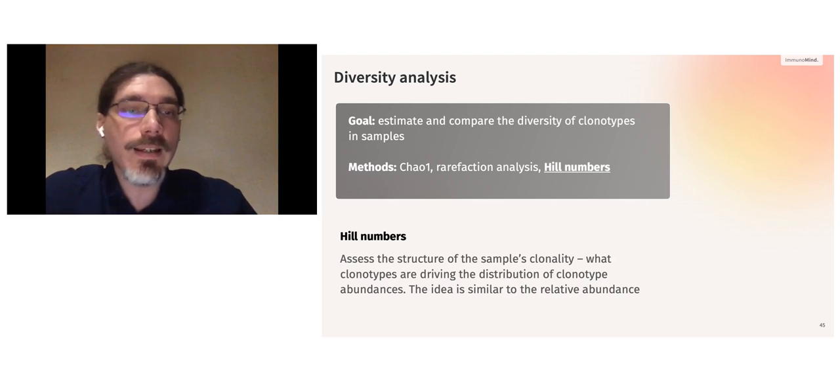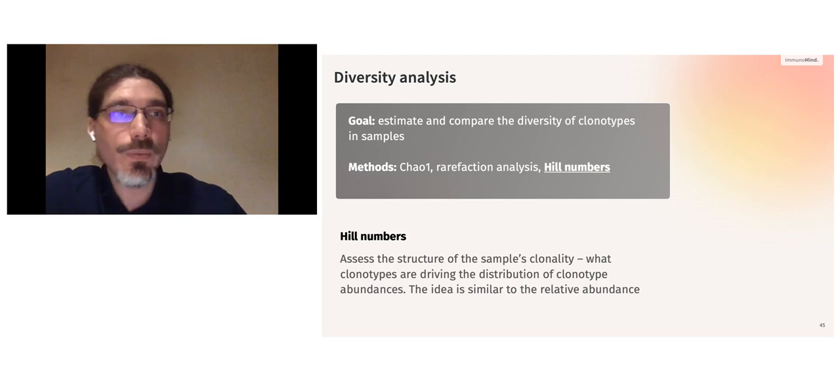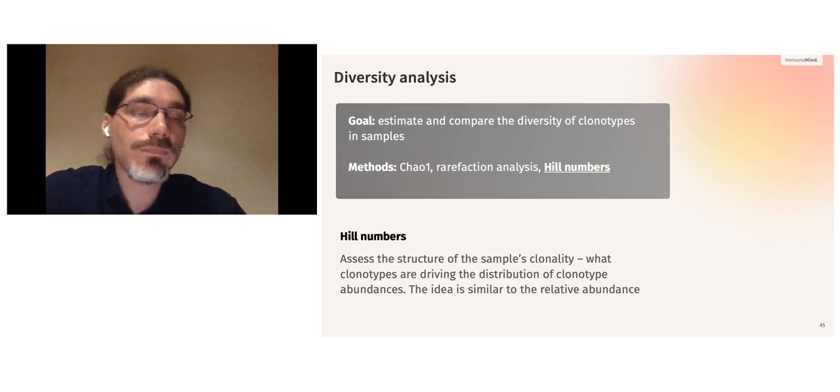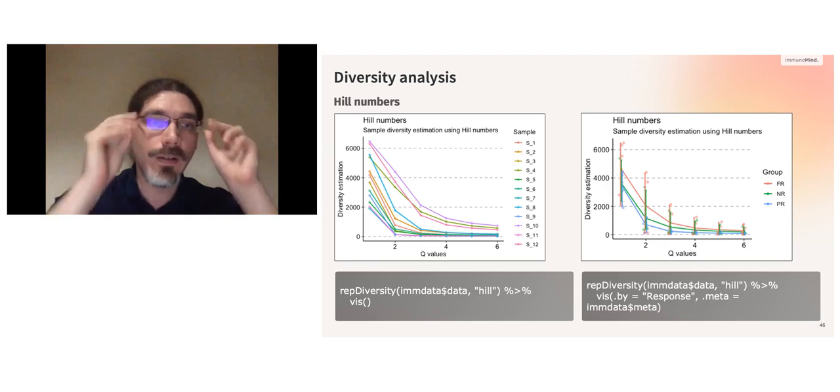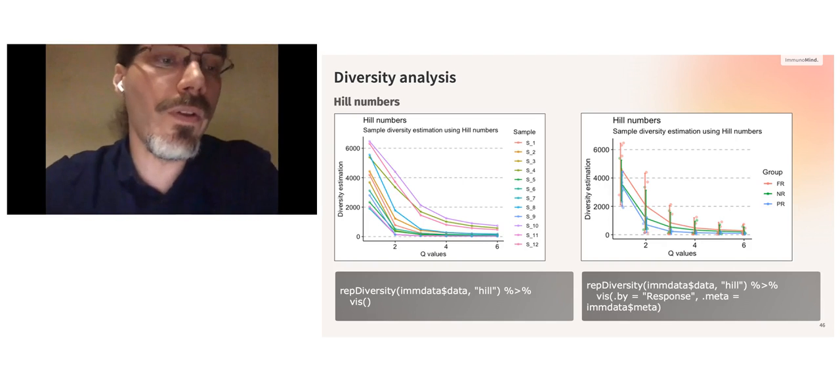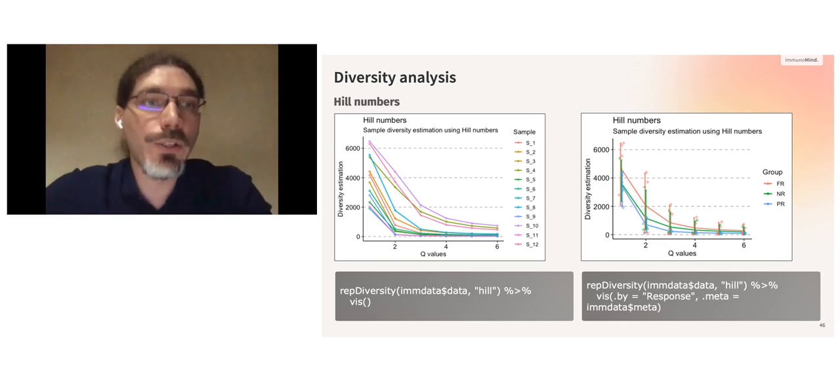The idea here is to compute traditional diversity indices with different parameters and build a line of the number of clonotypes depending on these parameters.